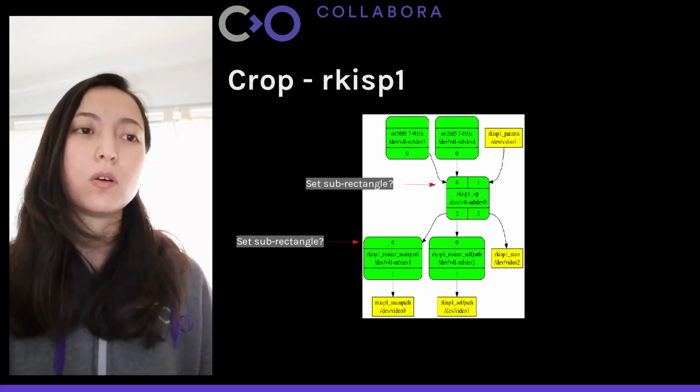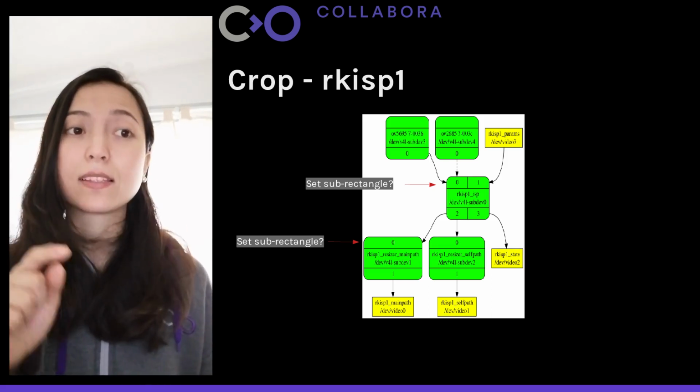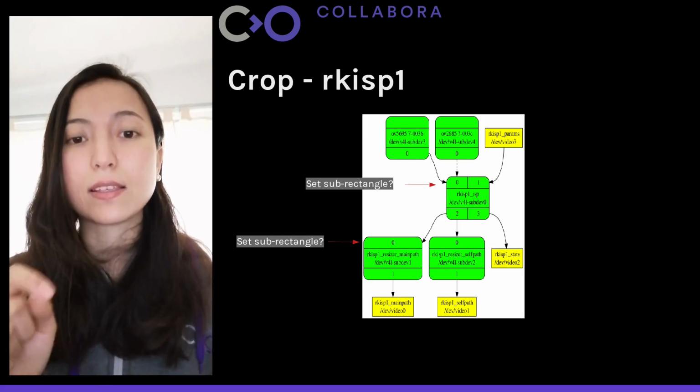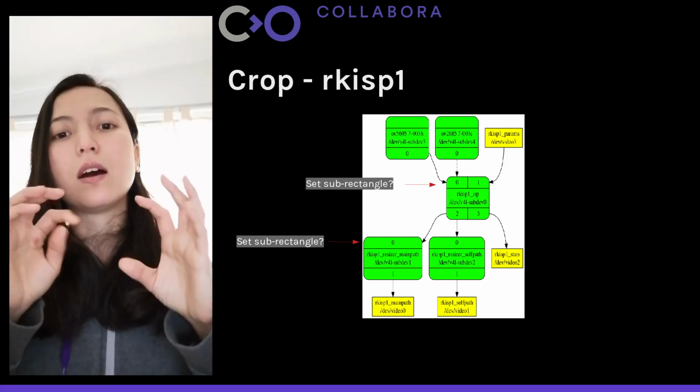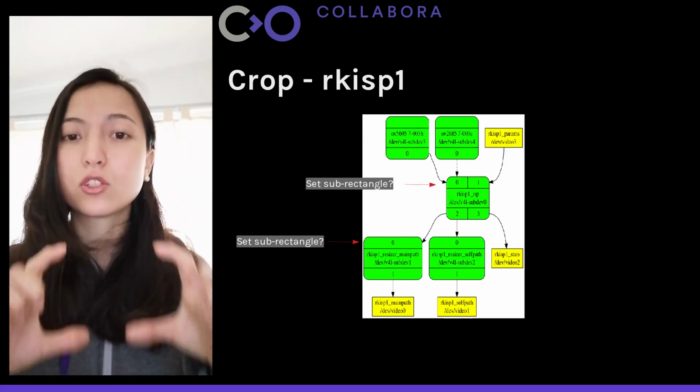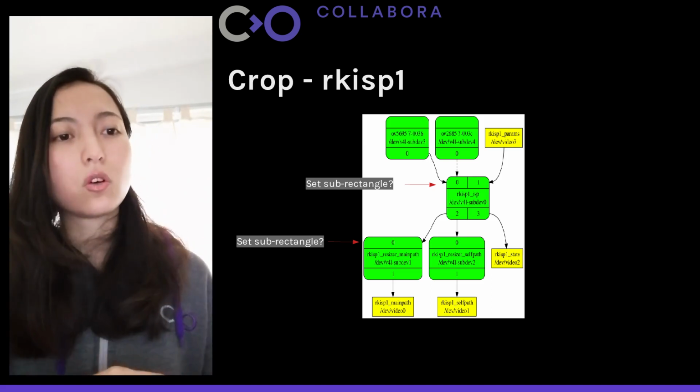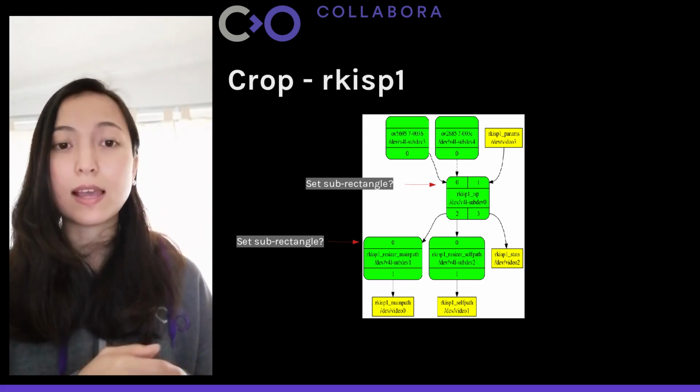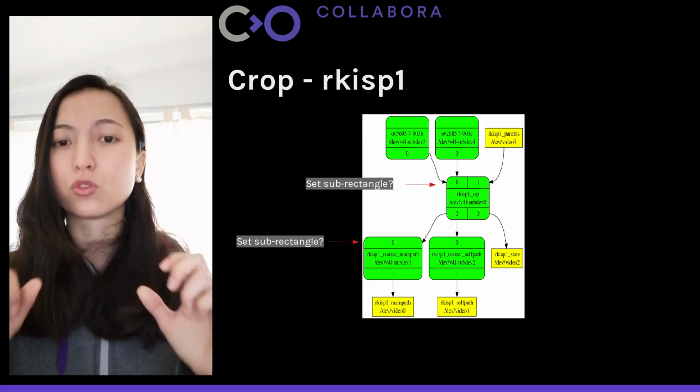So in this example, we allow user space to select the subrectangle on pad 0 of the ISP, so it can select which part of the image from the sensor it should work with, and also on pad 0 of the resizer, so you can select which parts should zoom or shrink.